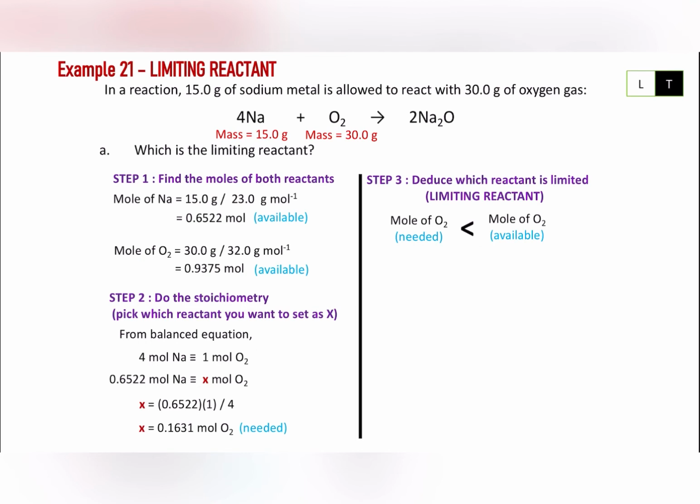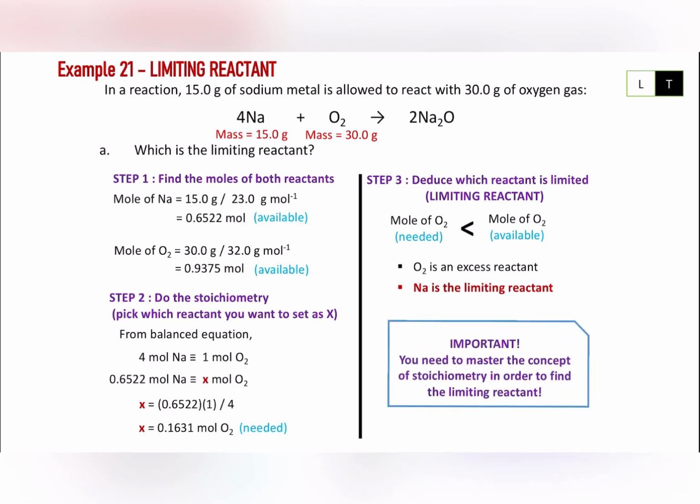So in conclusion, you can say that oxygen is the excess reactant. But you cannot stop here because the one that I asked for is limiting reactant. So automatically put the sentence sodium is the limiting reactant. So this is where stoichiometry is very helpful to determine the limiting reactant.